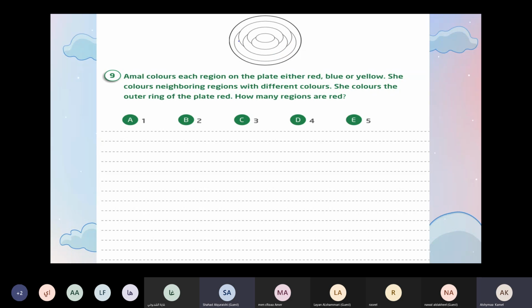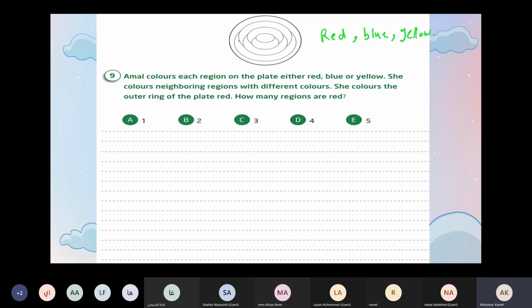We have red, blue, and yellow. Colors the neighboring regions with different colors. The neighboring regions means the parts or the places side by side with different colors.